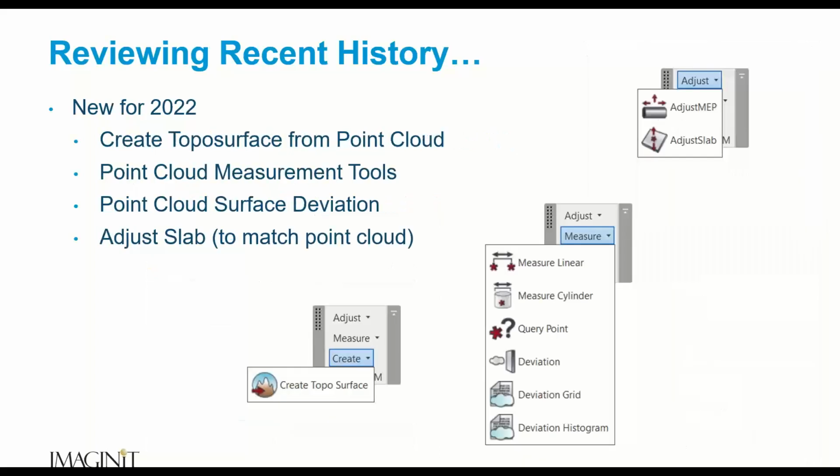Moving into 2022, last year, we had a big emphasis on working with point clouds. One of the things that was by popular demand from maybe you or just IMAGINiT customers in general was to be able to go back to some tools that IMAGINiT used to have when we had some specific tools and utilities for working with point clouds in Revit.